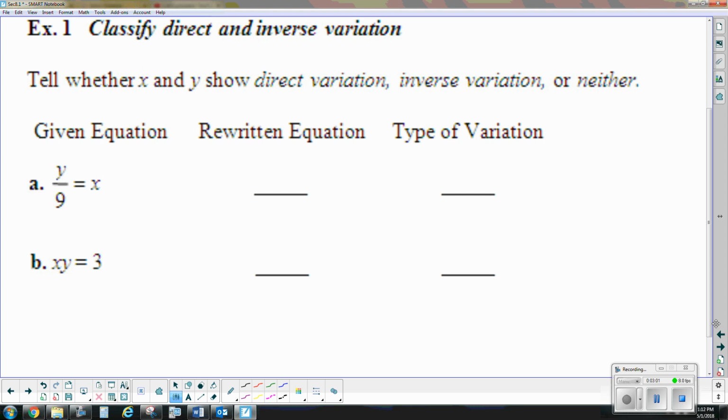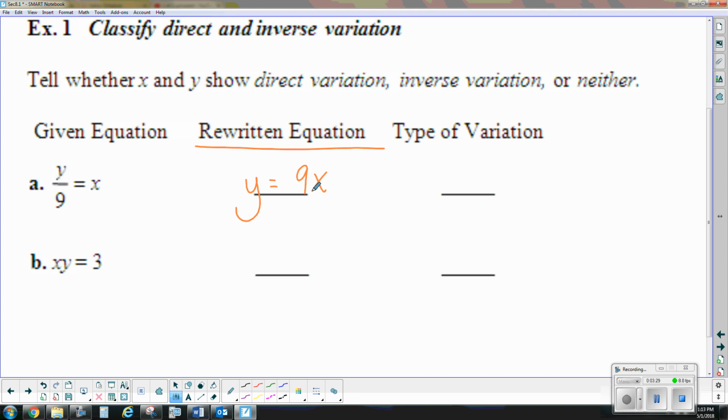So if you have a given equation, y divided by 9 equals x, and we want to rewrite this, we're going to rewrite these equations as y equals. So y equals 9 times x. Now, what kind of variation is this? If we're multiplying 9 by x, where 9 would be our a value, our constant, we have either direct variation, inverse variation, or neither.